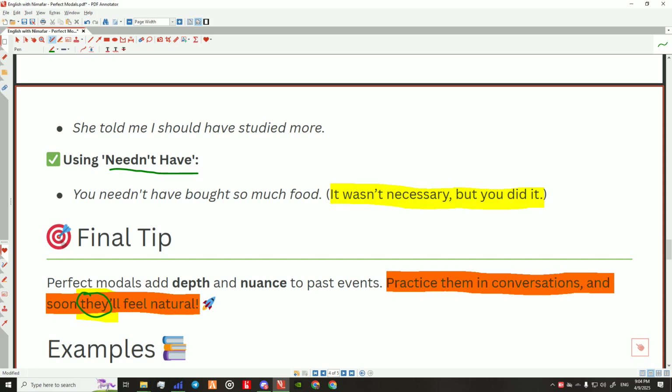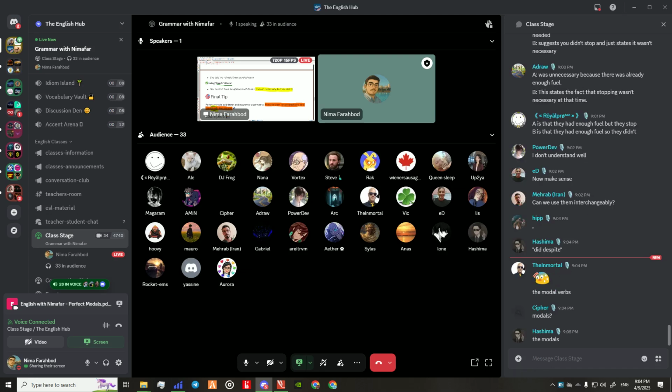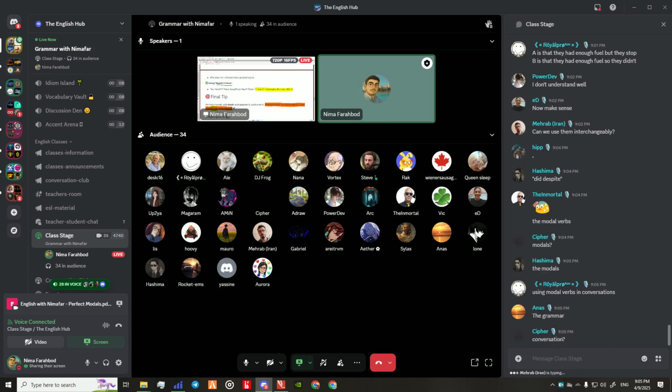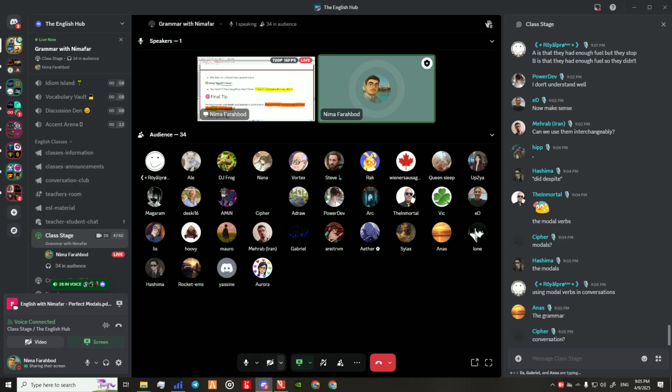My final question. Practice them in conversations and soon they will feel natural. Modal verbs? No. What do you mean, modal verbs feel natural? Do they feel? What do you mean by that? No. What can feel natural?